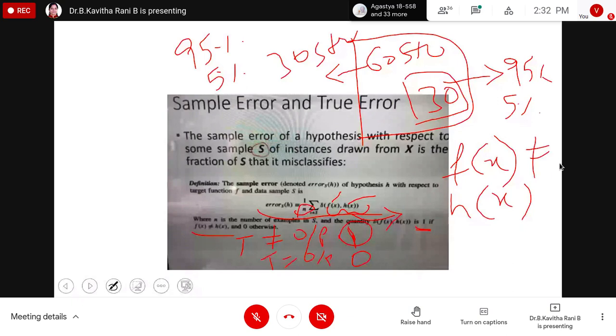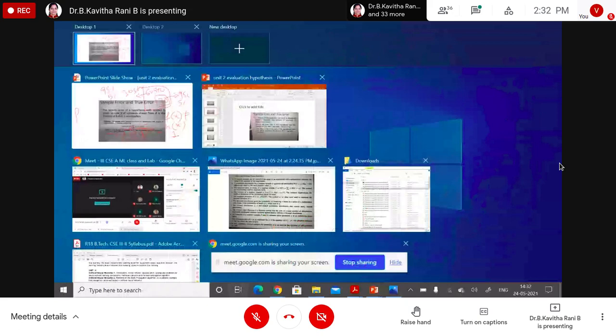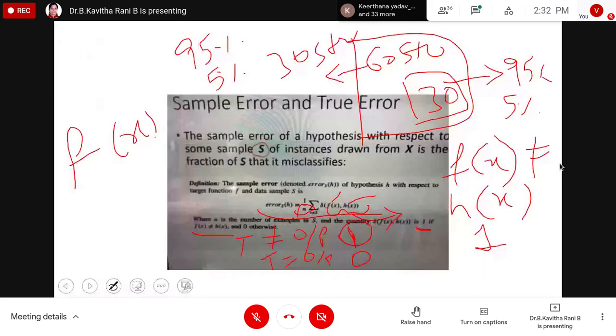We are having some error, then it is denoted as 1. If f of x equals h of x, then it is denoted as 0. That means there is no error. Okay, if you see the formula here, error is defined.